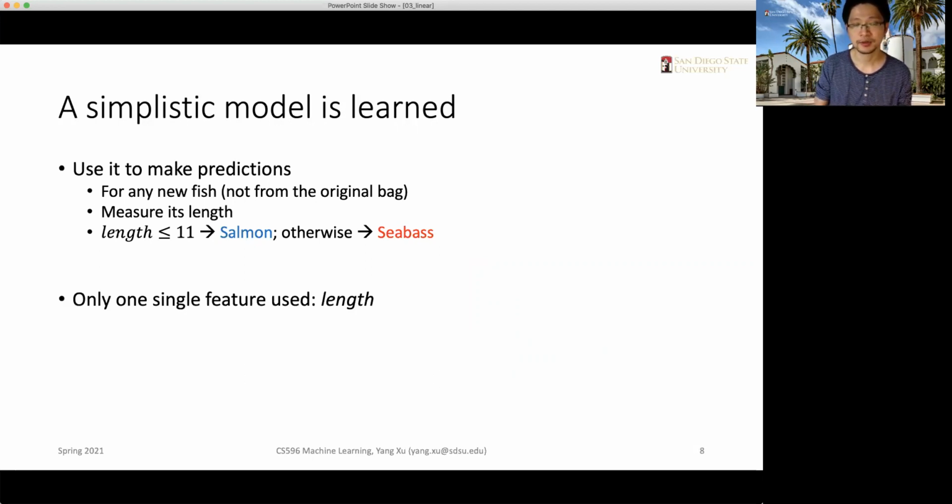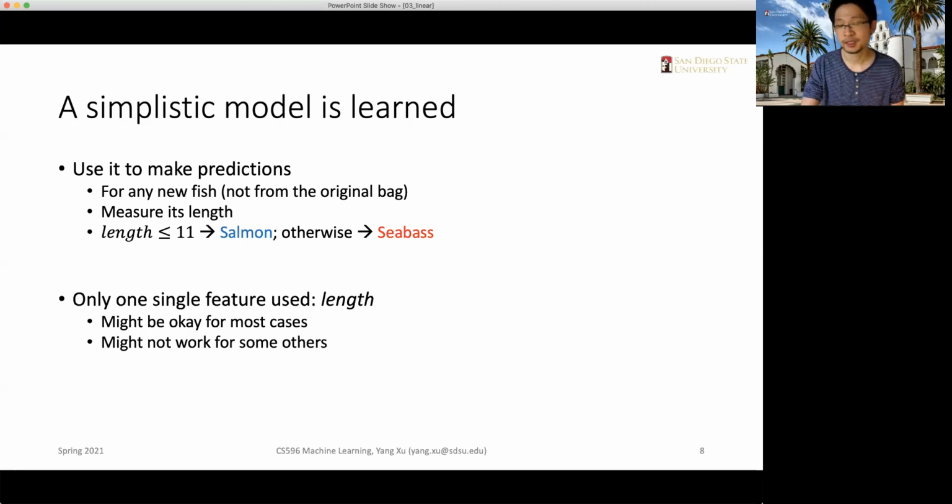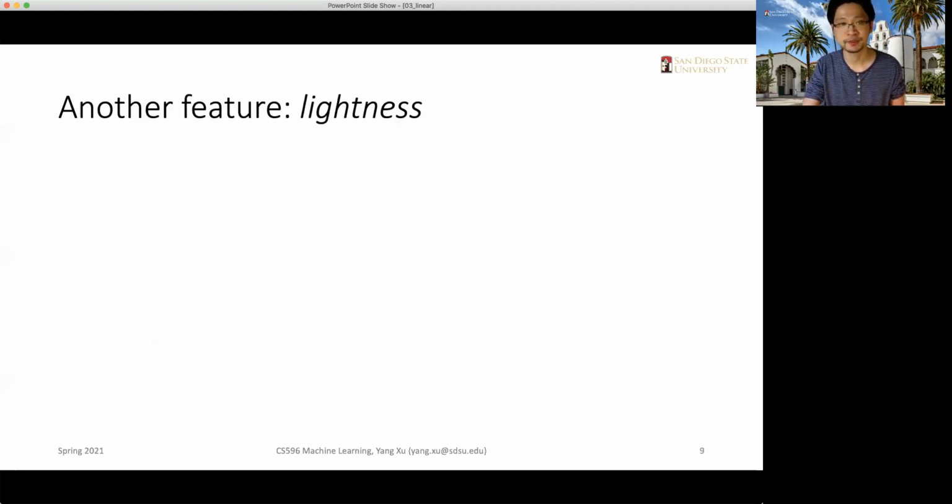So we have one feature used, which is length. It might be okay for most cases, but it's not guaranteed to work for all the other ones. So a safer way is to gather more features, rather than using just one feature as length.